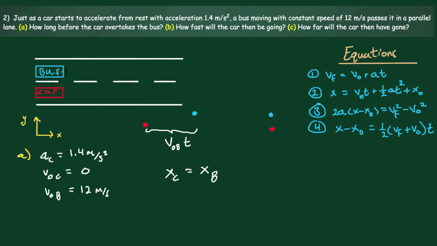However, the bus is traveling with a constant speed. So the distance traveled by the bus is going to be the speed times the time in which it travels, okay?